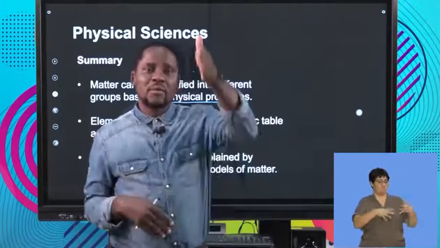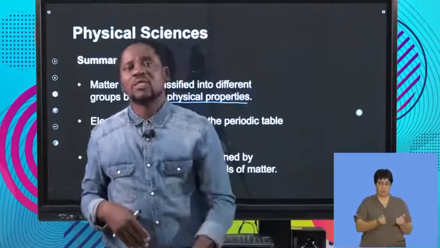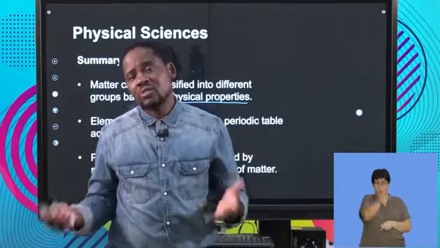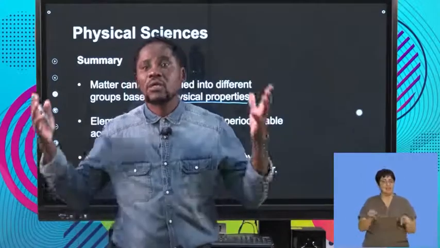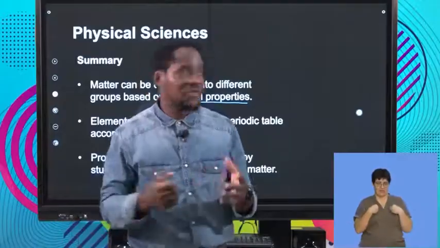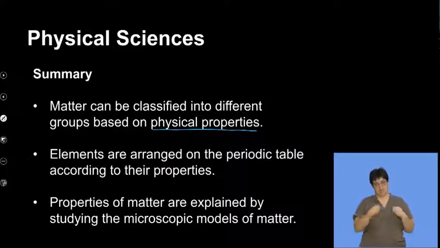We find materials or elements within the same group because they display similar properties. So elements are arranged in the periodic table according to their properties. We've mentioned that. Properties of matter are explained by studying the microscopic model.